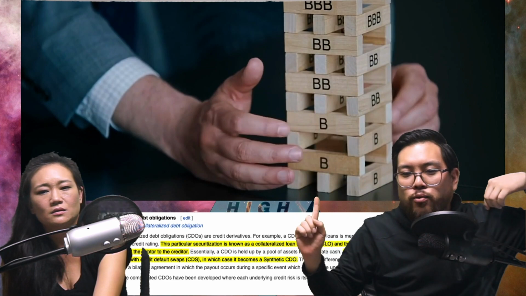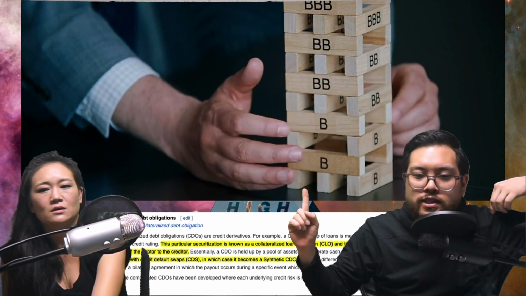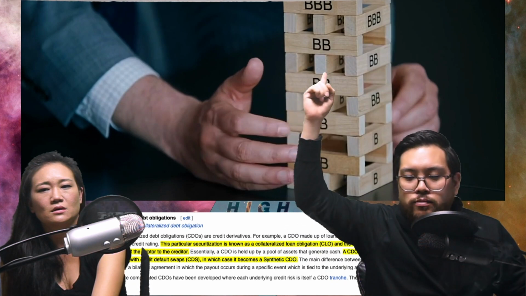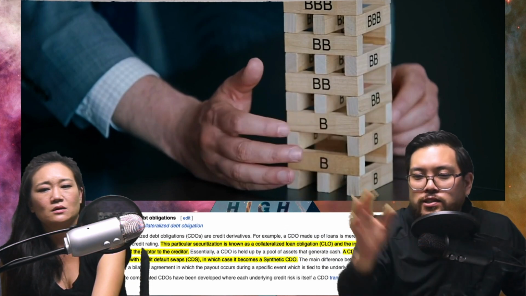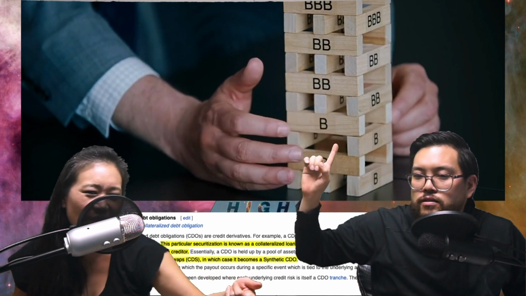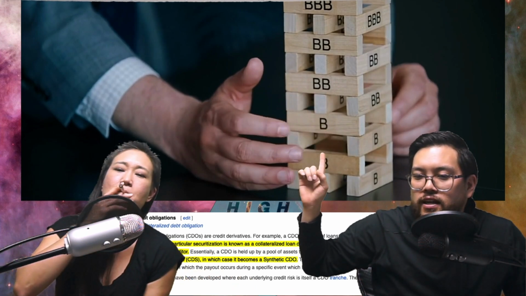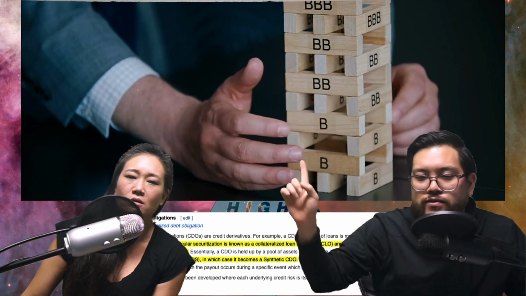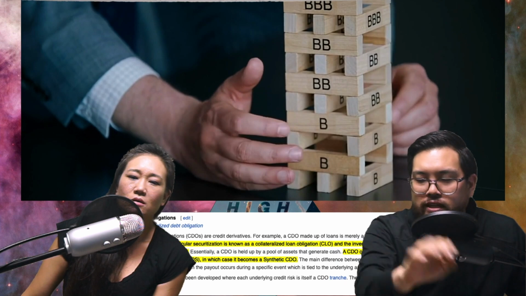The B's are worth the least, and they're the most risky, but you see the most return. The double B's are better rated, and the triple B's are even better rated. So this is what a bond should look like. It should? Yes. The riskiest on the bottom? Yeah. Because if these fail, it doesn't matter. It can't fail above a certain percent, but this is what they should look like.